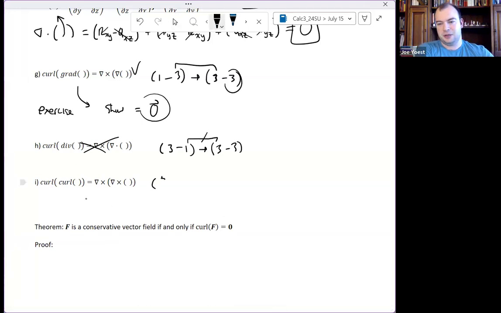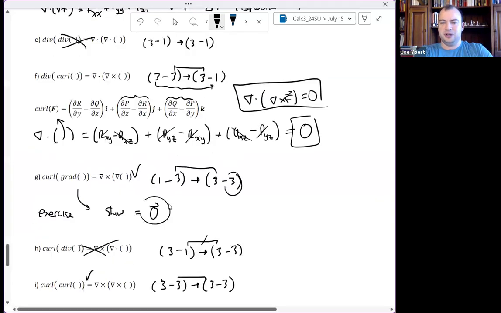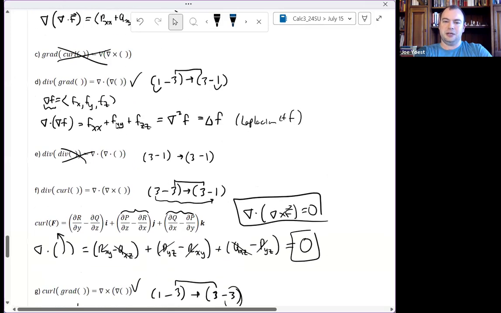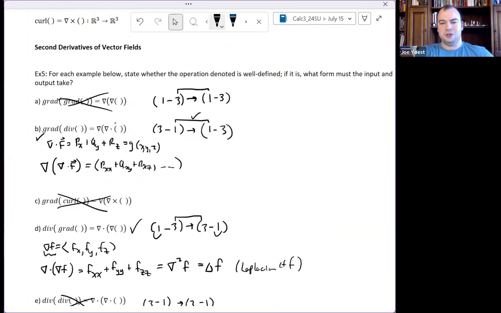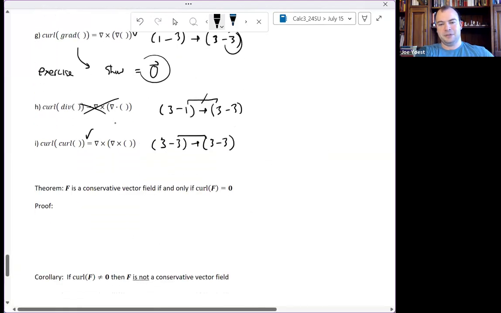And then what about the curl of the curl? The curl takes as input a vector field, gives as output a vector field. I want to put that into a curl, which takes as input a vector field, gives as output a vector field. That does make sense to do. I can keep taking curl of curl of curl of curl of whatever. It turns out that this isn't, so we can do this. It's not super nice. We don't get a nice result like the zeros here or like the Laplacian up here. It's actually kind of related to this part B idea.